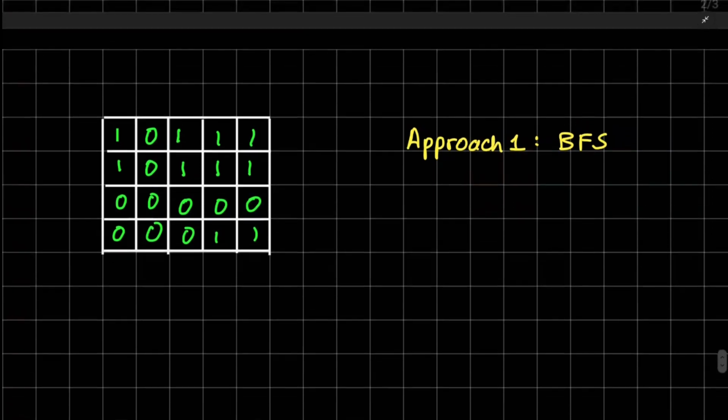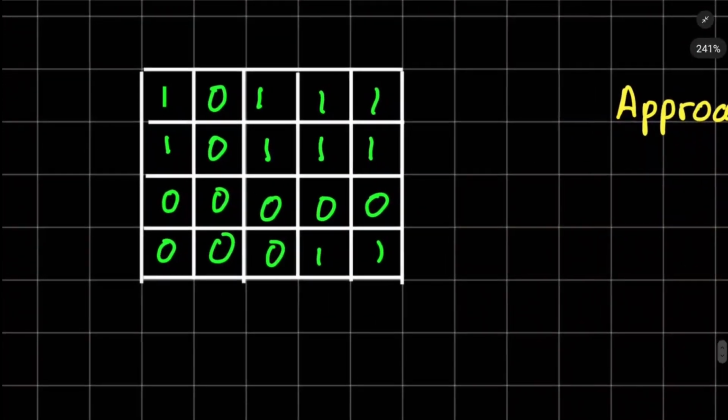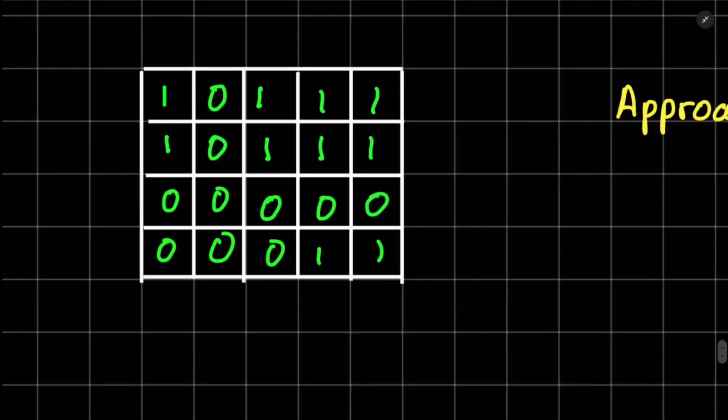In this approach, what I did was traverse the matrix, and as soon as we find a 1, we will call the BFS function over it, which will explore all the neighboring ones breadth-wise, and the last one which was found would be the rightmost corner. And while doing the BFS, we will turn the ones to zeros to mark them visited.